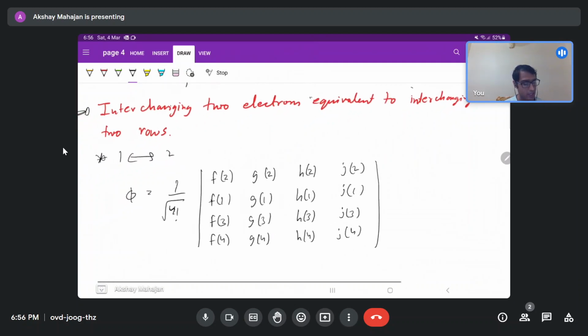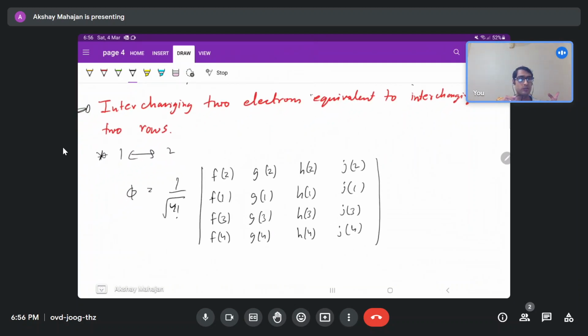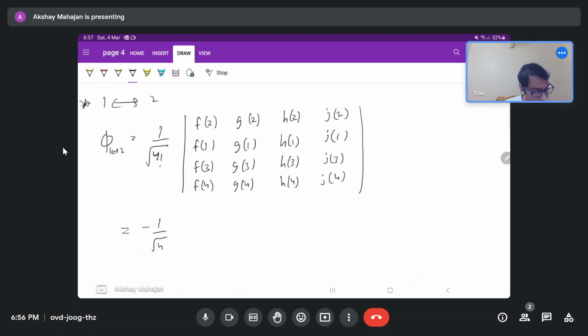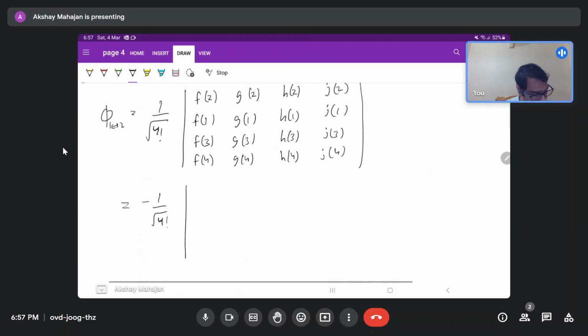So when there is an interchange of electron 1 and electron 2 positions within the wave function, in the Slater determinant I have interchanged the rows, and by the property of determinants I can interchange these rows again and bring a minus sign. Let me write the Slater determinant as phi 1 2 interchange. I can interchange row 1 and row 2 again, and by the property of determinants I will get a minus sign here.